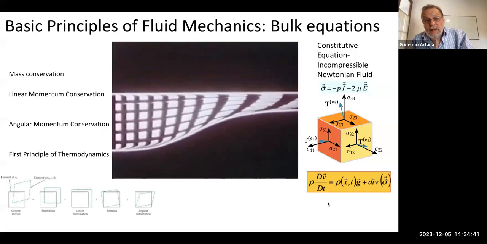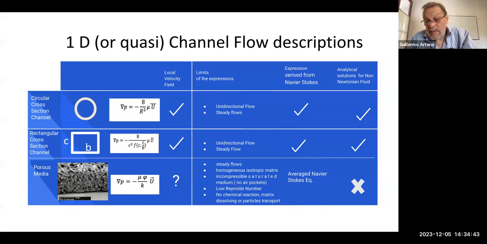Well, if you take this equation and you consider channels, you consider quasi-unidirectional flows, you can link the pressure gradients with the velocities. So here in this table you have the different geometries, the different ratio between the gradient of pressure and velocity.